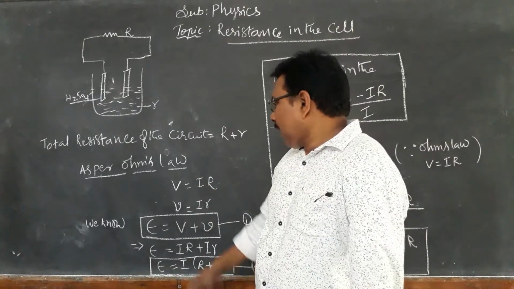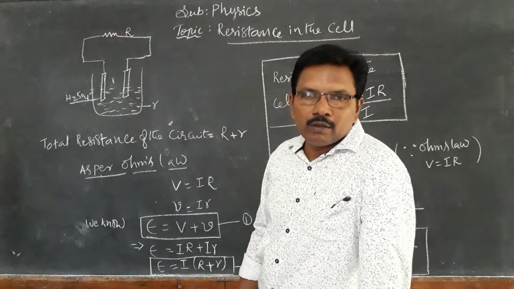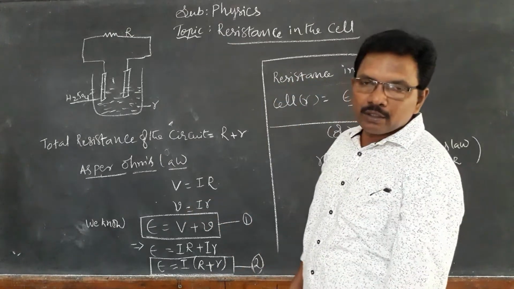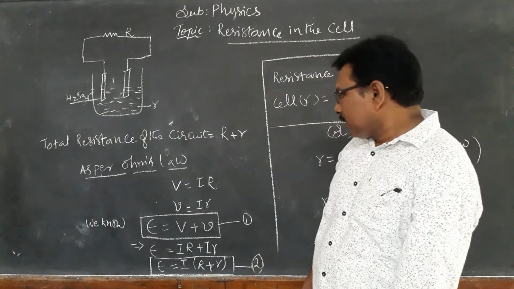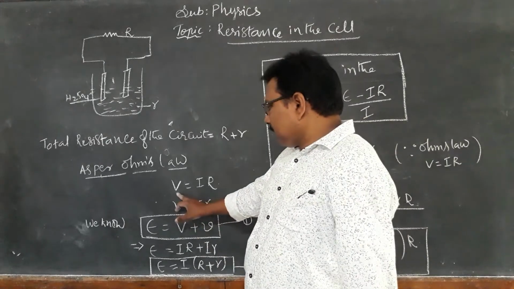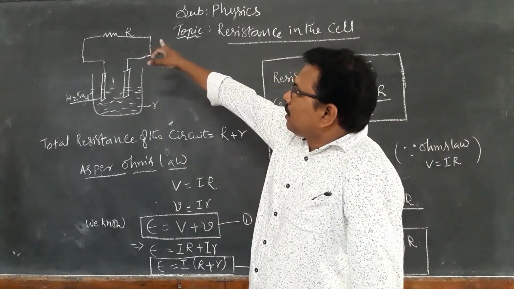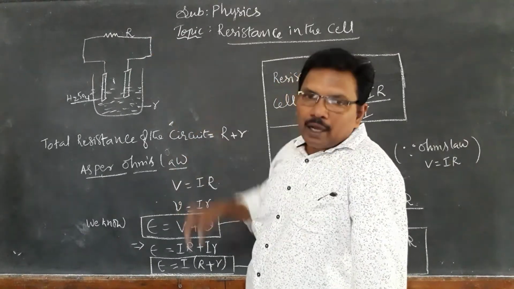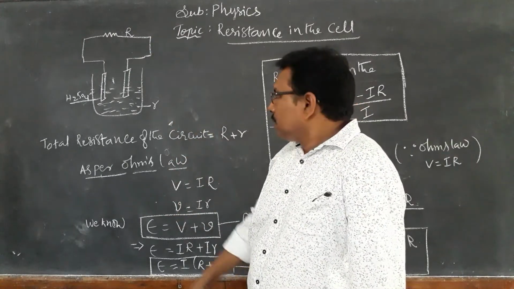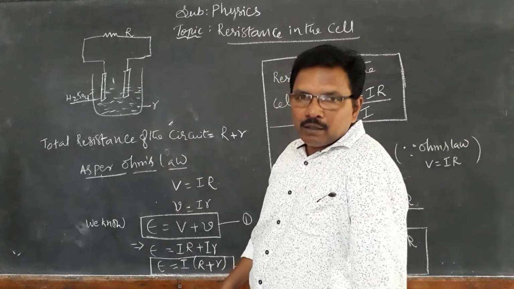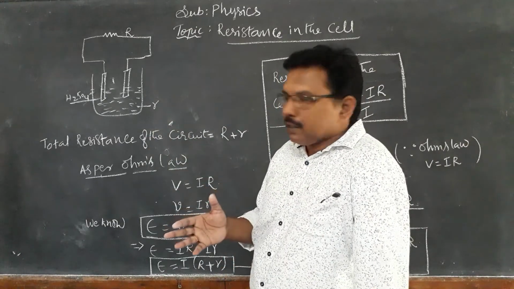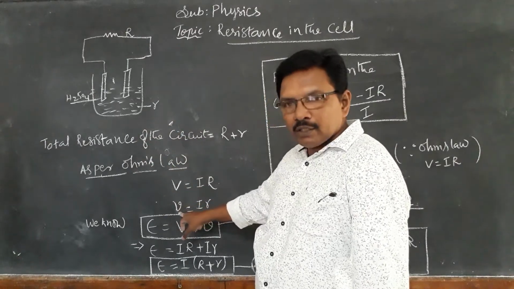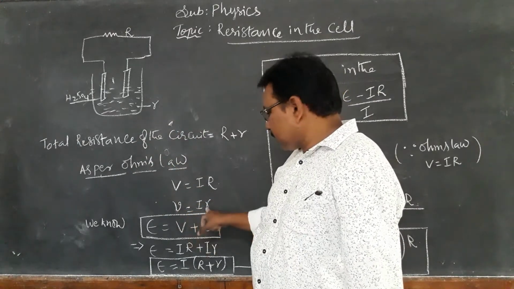We know as per Ohm's law, V is equal to IR. Outside potential difference, V is equal to IR. The potential difference inside the cell, small v is equal to I small r.